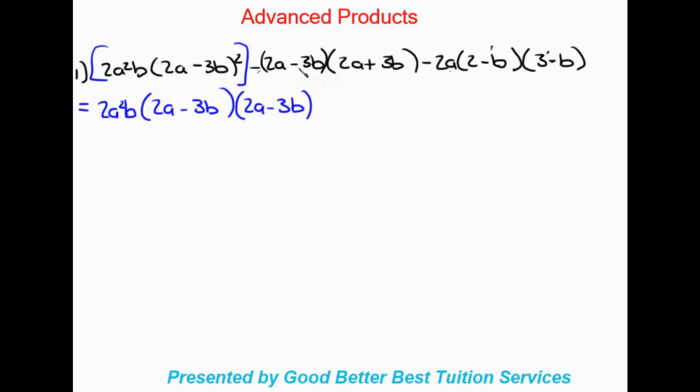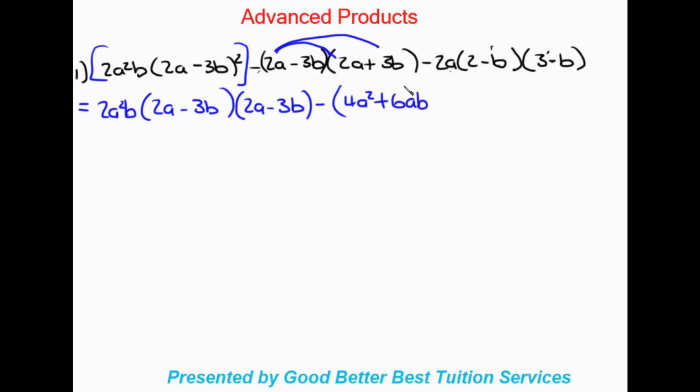Then moving on, we have a binomial times binomial. What we can do straight away is solve those. We'll keep that negative sign so long over there. So we'll solve these binomials. So we'll times 2a by 2a and then 2a by 3b. So 2a times 2a gives me 4a squared. And then 2a times 3b gives me plus 6ab.